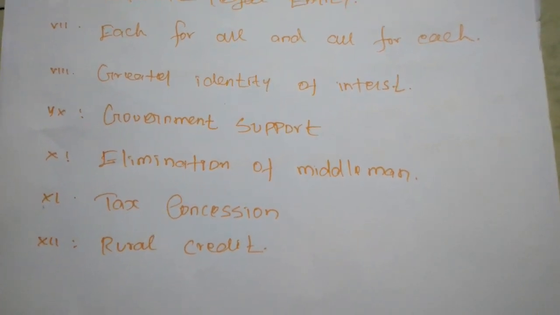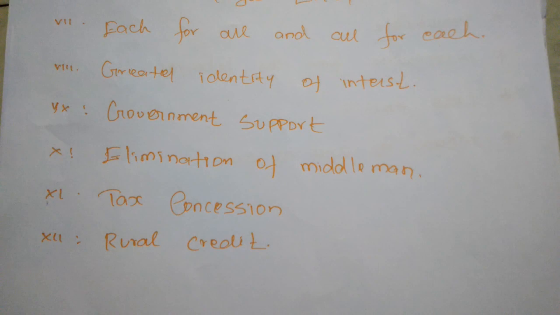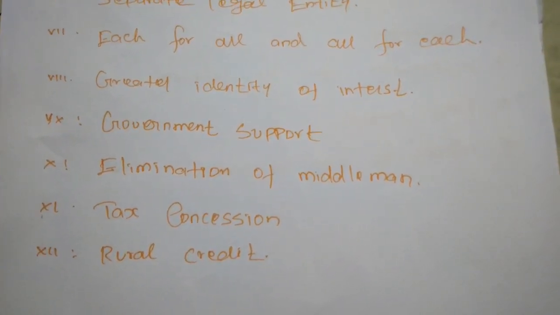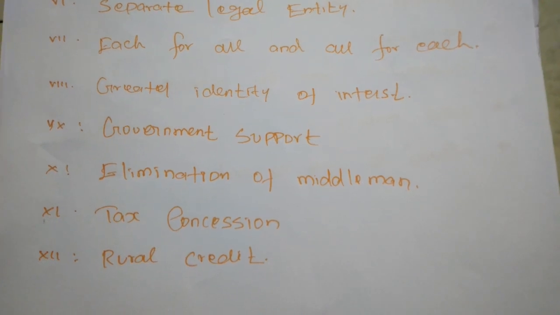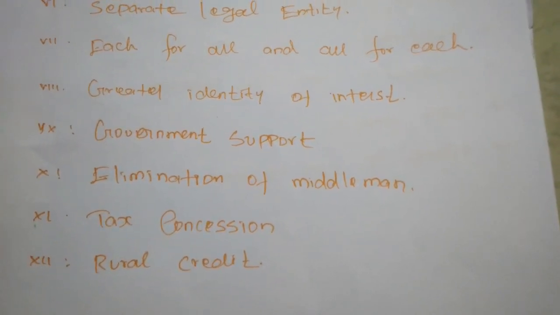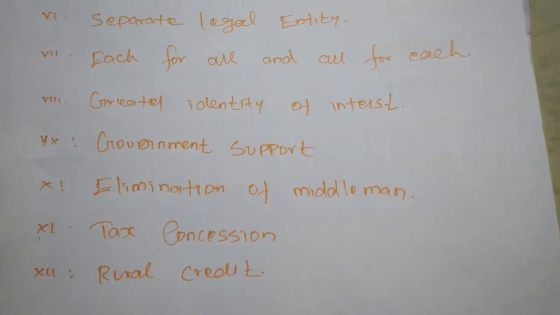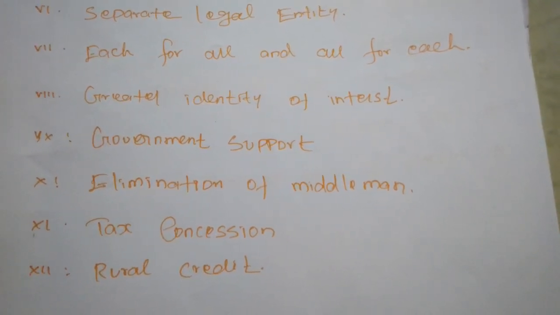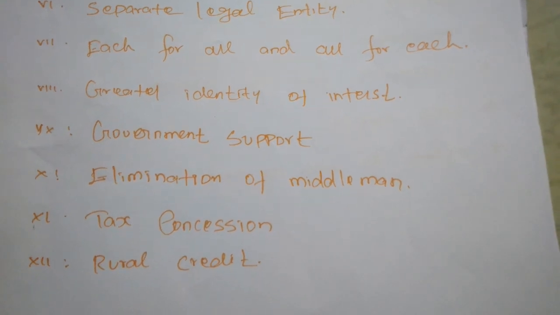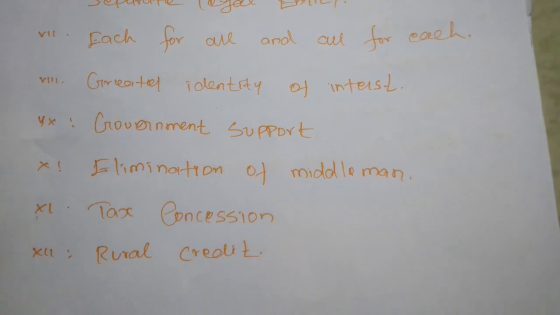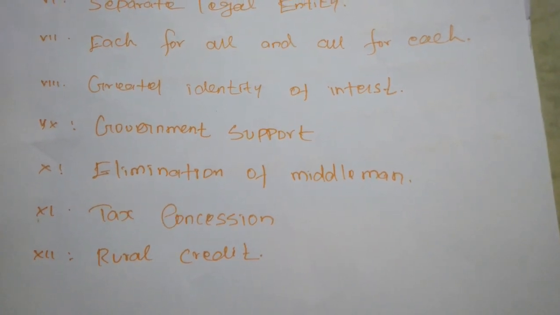If we use a middleman, the price of the commodity will increase. But here there is no middleman, because the producers deal directly with the ultimate consumer, so the middleman is eliminated.